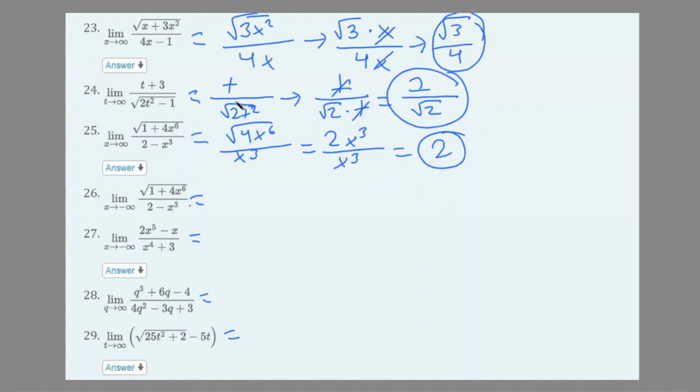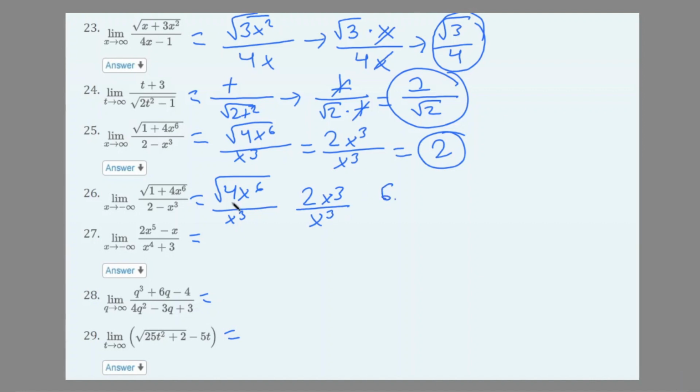And this is the same thing, except x is now traveling to negative infinity. We could really do the same thing, except let's try deriving it now. So radical 4x to the 6th power over x cubed, which is 2x cubed over x cubed, same thing as before.